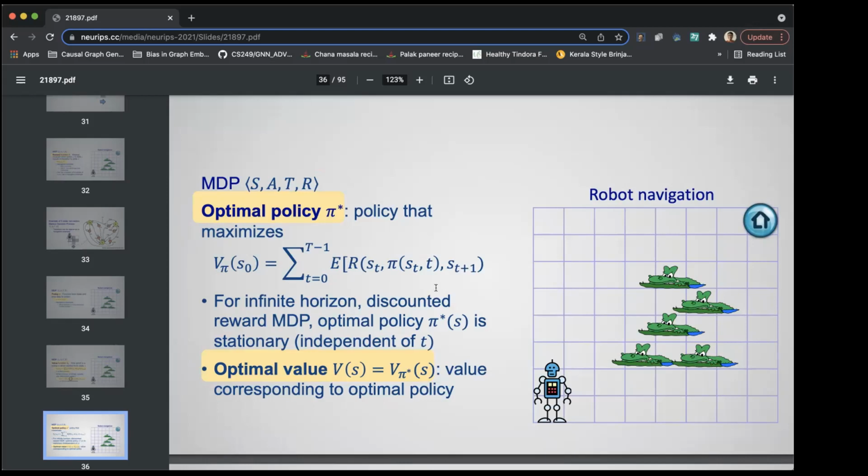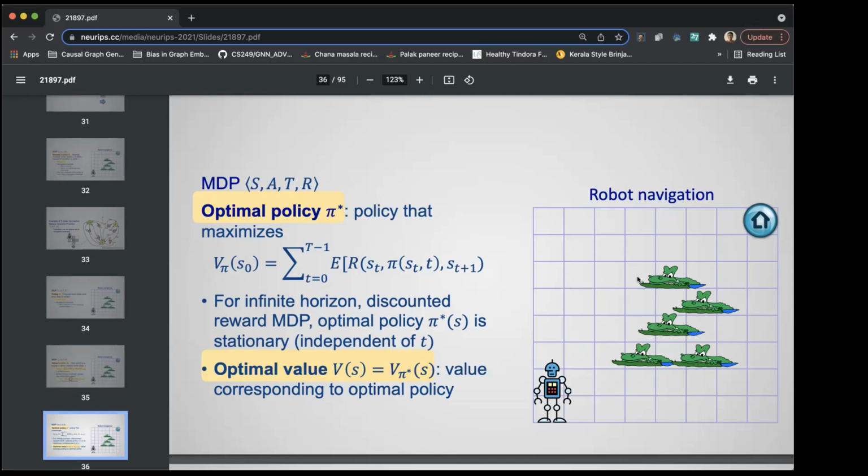I think we talked a little bit before about having the crocodiles count as -100, the home count as +100 reward, and then any step that a robot takes is going to count as -1. So if we really want to find the best policy, we want to find the shortest path so that we incur -1 the fewest number of times, such that we also don't incur a reward of -100.